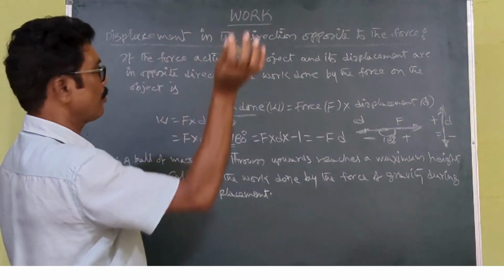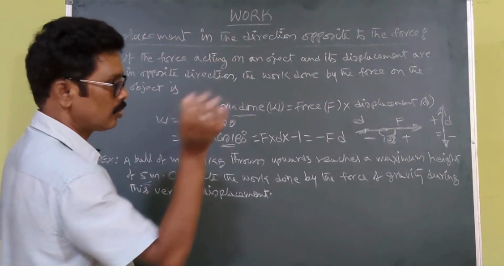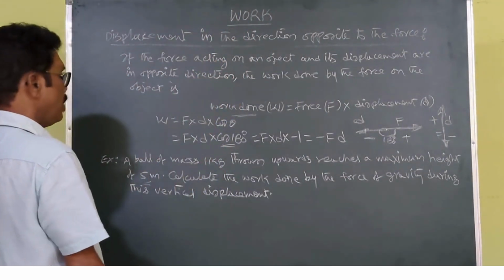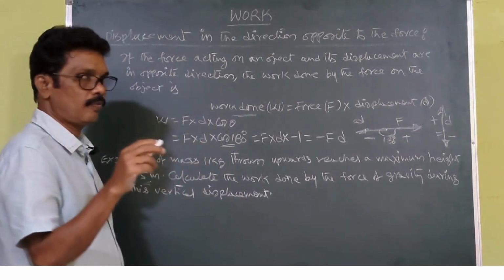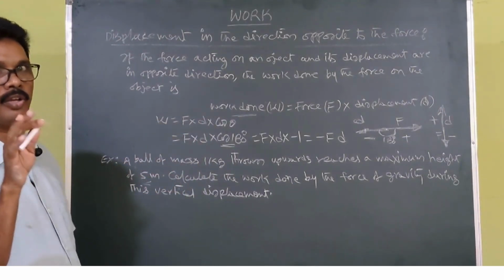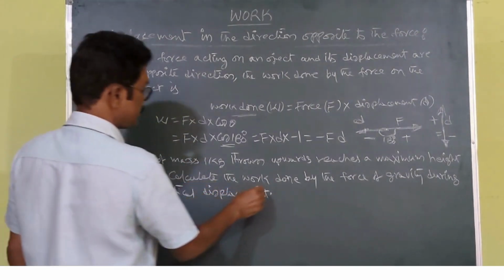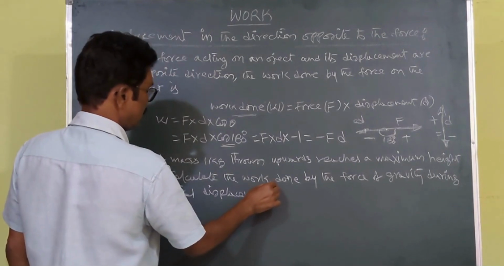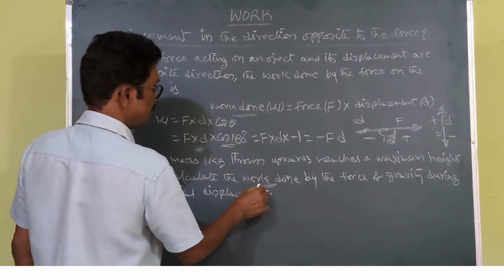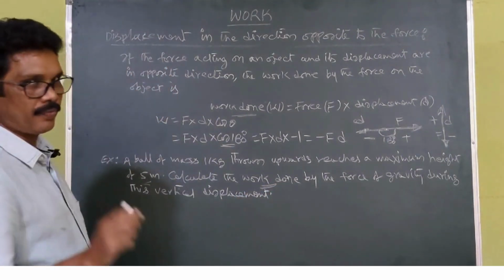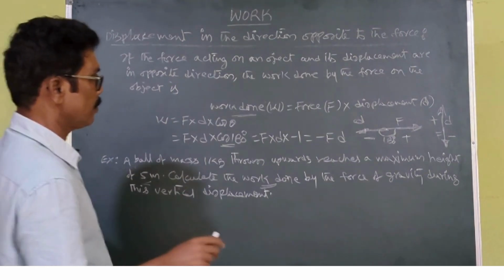We have to apply some force to throw the ball, but that throwing force by hand is not taken into consideration. We are calculating only the work done by the gravitational force of the earth.